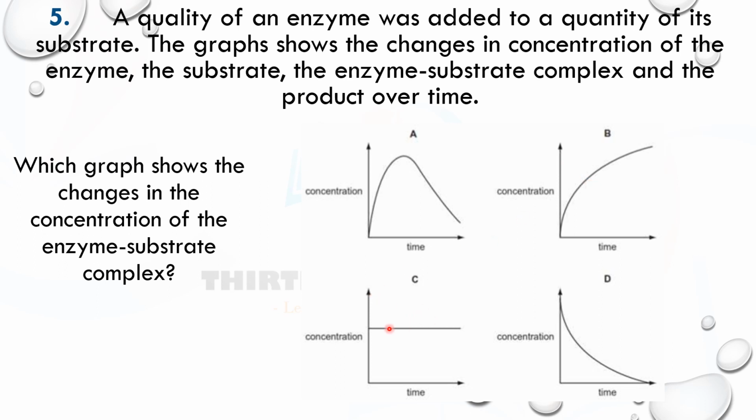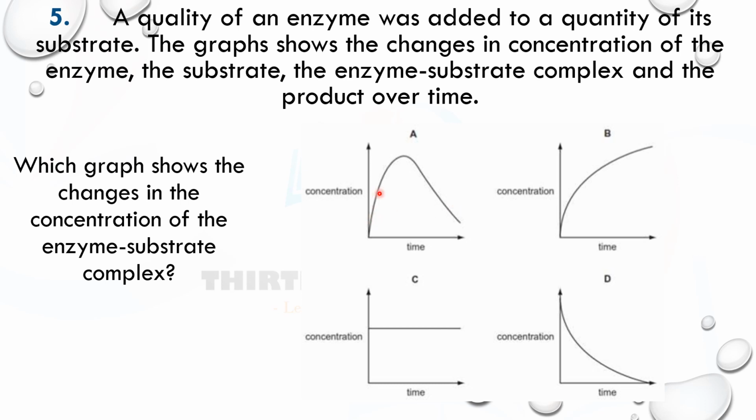This shows the concentration of enzyme. Enzyme concentration remains the same. It doesn't increase, it doesn't decrease. Enzymes are not used up in reactions. So the most likely answer is this. At the beginning of the reaction, the ES complex is formed and then dissociates to form product.